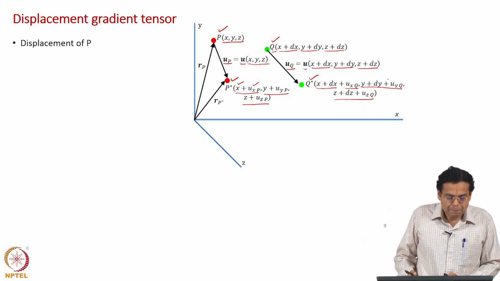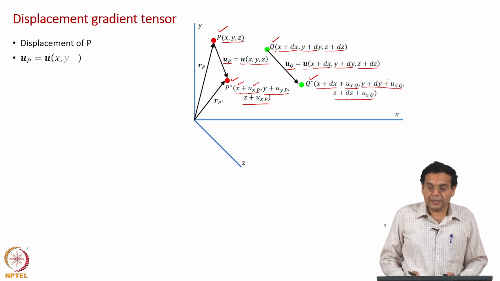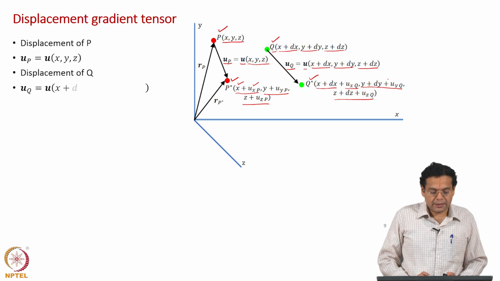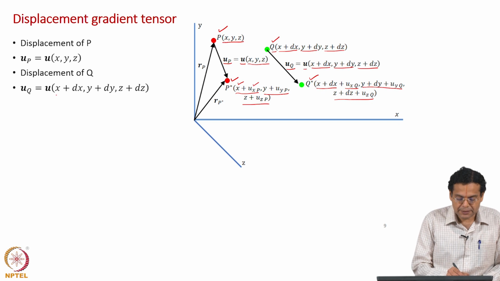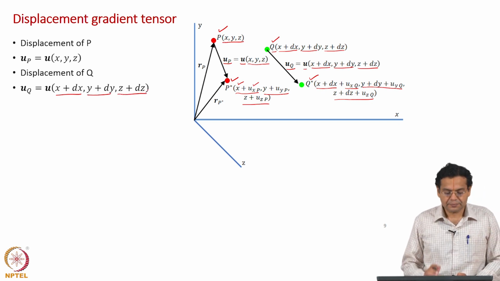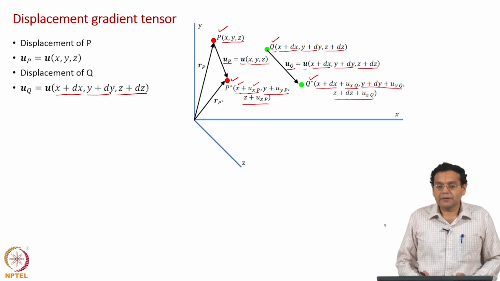Now, let us go ahead. The displacement of P is u P, equal to u at x, y, z. The displacement of Q is u Q, but in terms of displacement field it is u at x plus dx, y plus dy, z plus dz. Now, what did we say?